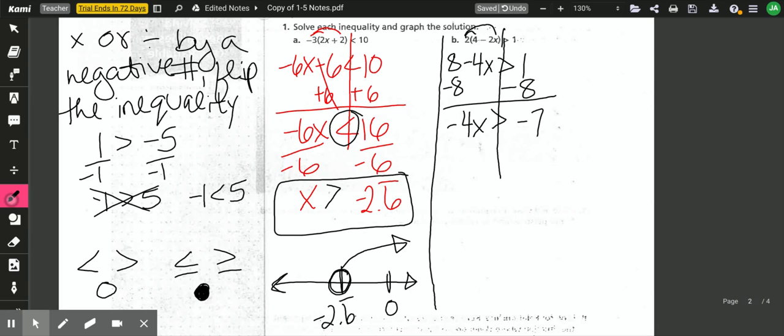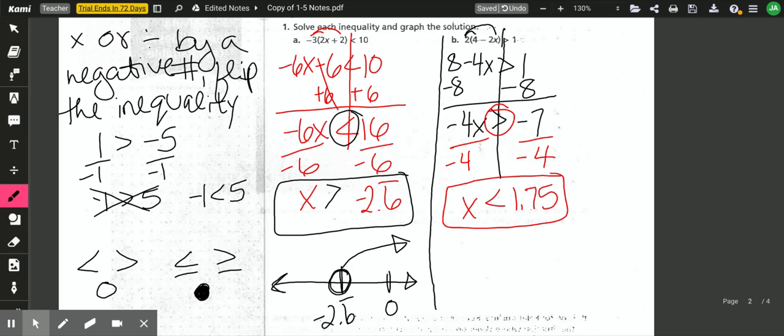And again, I'm dividing by a negative number now. So I'm going to have to flip this inequality symbol. So I'm going to have x is less than -7 divided by -4 is 1.75. Okay. I'm going to go ahead and graph my solution.